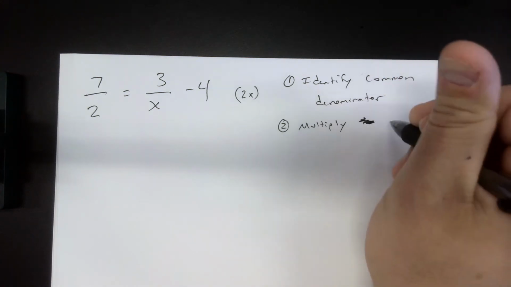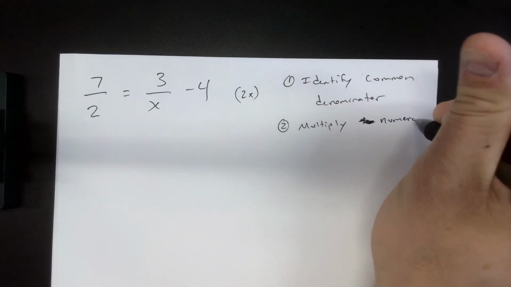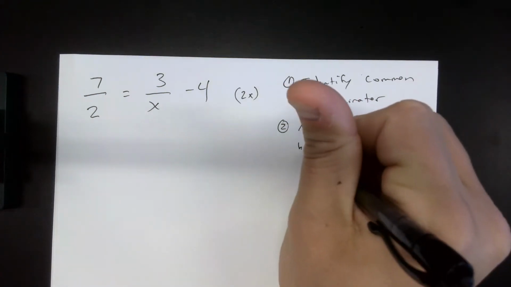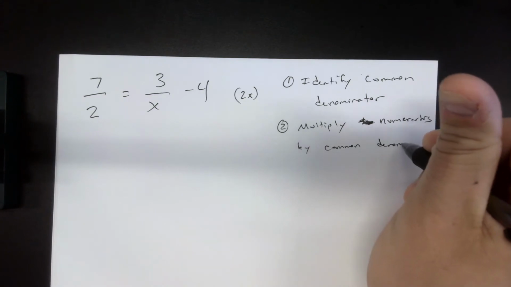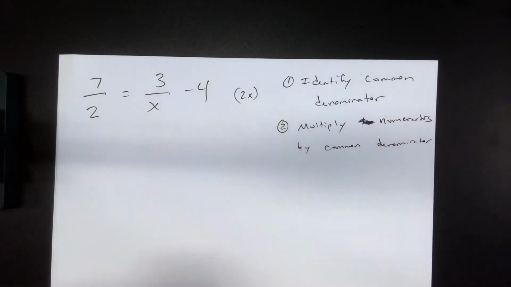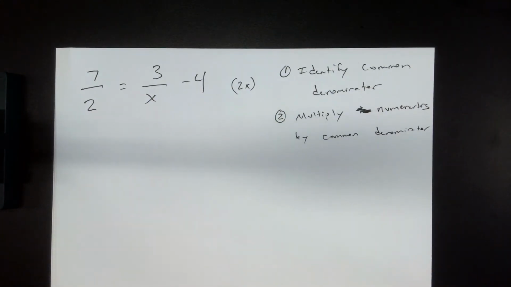I hate writing tops, and I'm writing really small right now, and I'm sorry. Writing bigger. Multiply numerators by the common denominator.